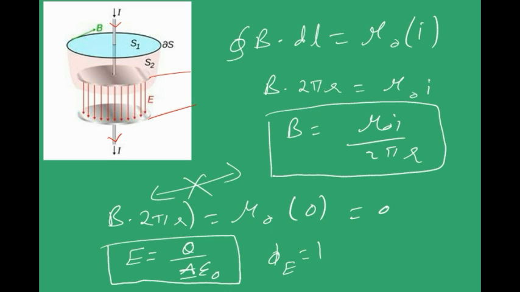It is electric field into area, right? So what will I get? 1 by epsilon naught, Q by A into A, which is nothing but Q by epsilon naught. This is clear? So the flux is Q by epsilon naught. If this is flux, what will be the rate of change of flux? Let me write it as electric flux.